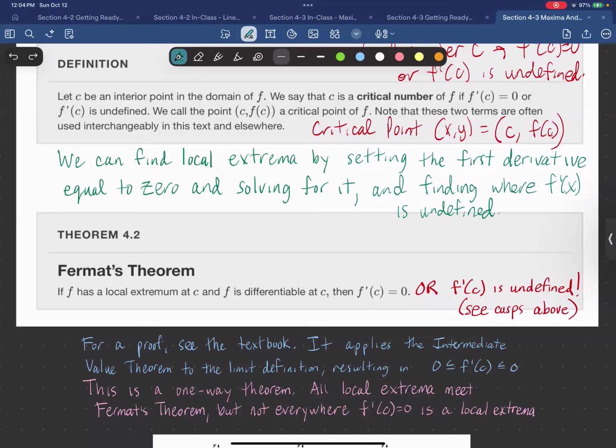It is important to note it is a one-way theorem. All local extrema meet Fermat's theorem, but not everywhere f prime of c equals 0 is a local extremum. All maxes and mins have a derivative of 0, but it's not enough.